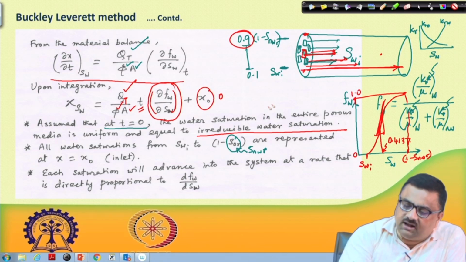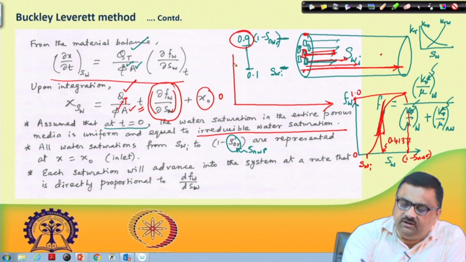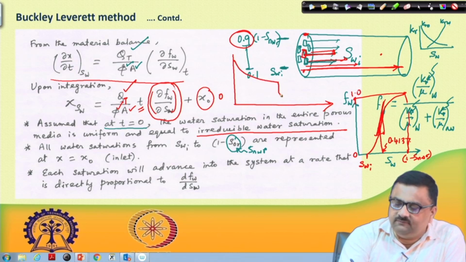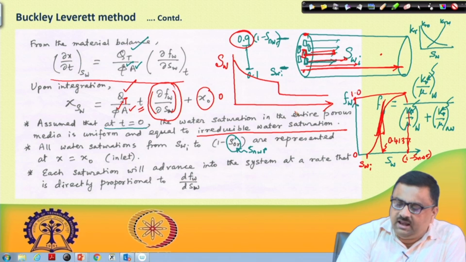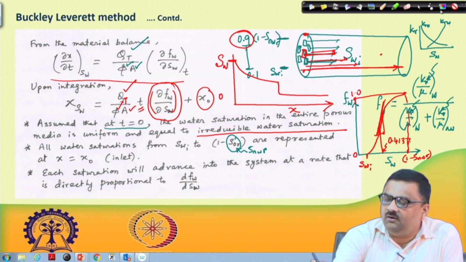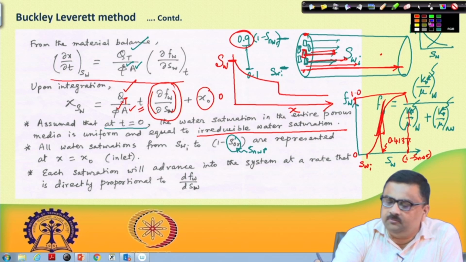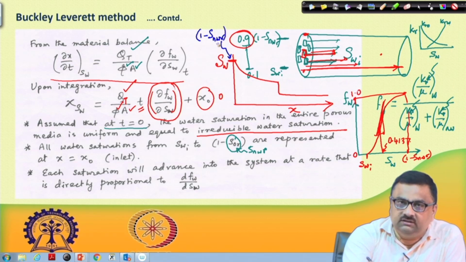So, that is why you recall what was the curve we got? We got this type of curve, saturation SW as a function of distance, and this endpoint was 1 minus SNWR or SOR, the same thing.